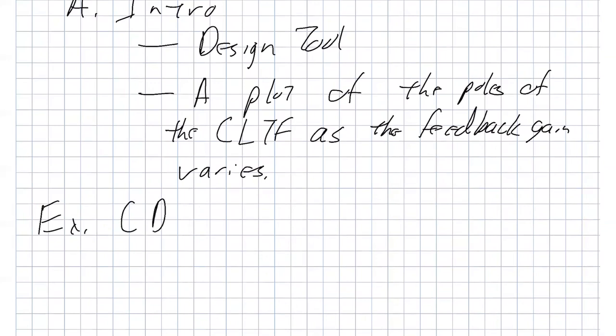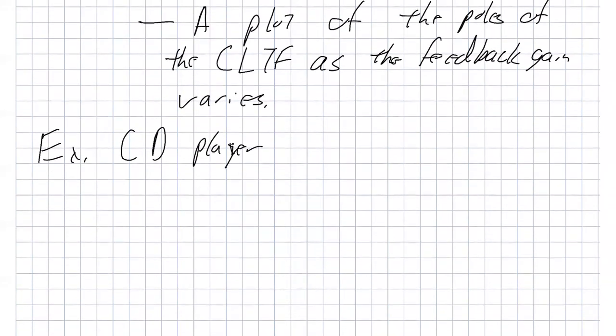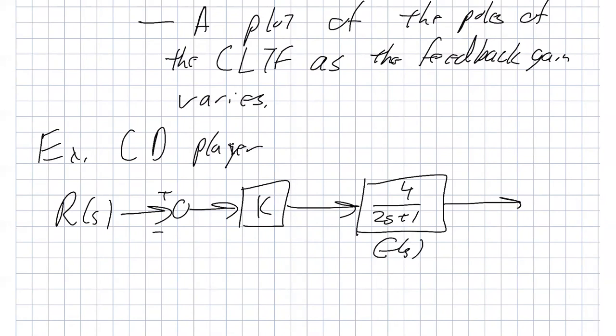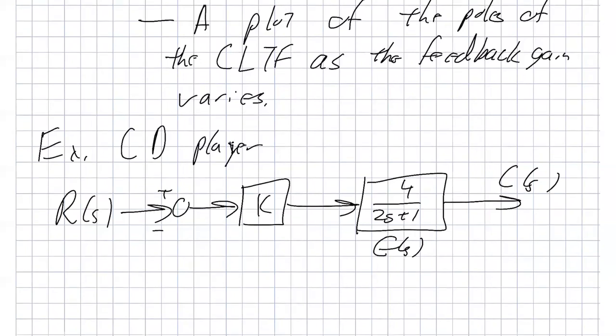One is our CD player from way back when, right? We had R of S, our desired angular velocity. We had a feedback gain here, K. We had a transfer function that looked like this, 4 over 2s plus 1, which was G of S. We had C of S, which is our actual angular velocity.